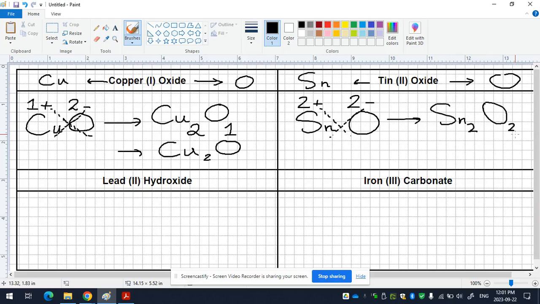Hamad, you are oxygen. What's your number on top of oxygen? 2 what? 2 negative. So are you gonna gain or lose? You're gonna gain. And I'm gonna what? How many do I need to lose? And how many do you need to gain? Easy. There you go. 2.